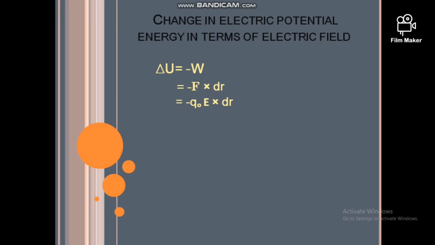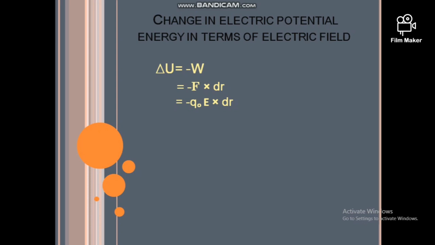In this case, this force is the electrostatic force, and by putting the value, UB is equal to minus integral of F dot dr, and F, in terms of the electric field, is Q naught E, so UB is equal to minus integral of Q naught E dr, and this is the electric potential energy at plate B in terms of the electric field.